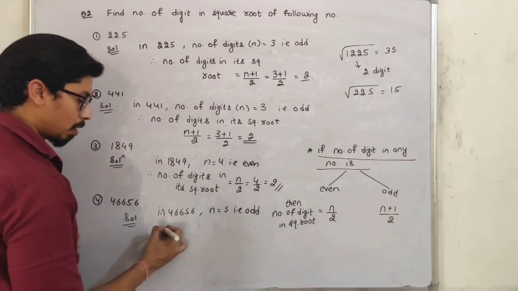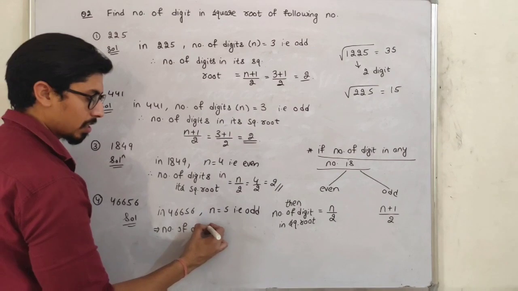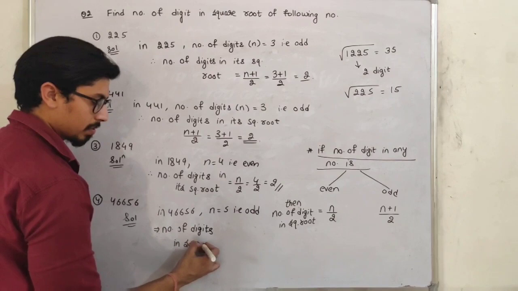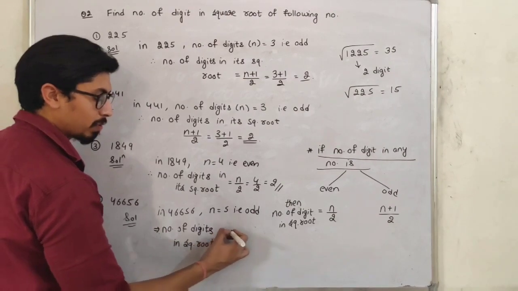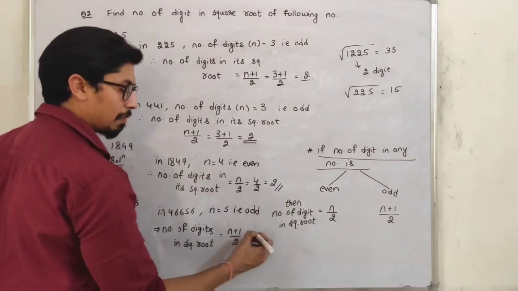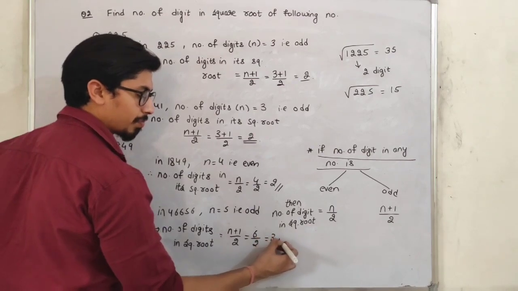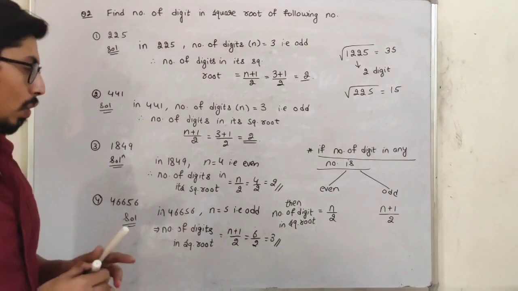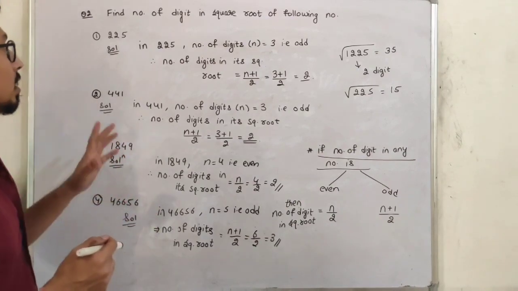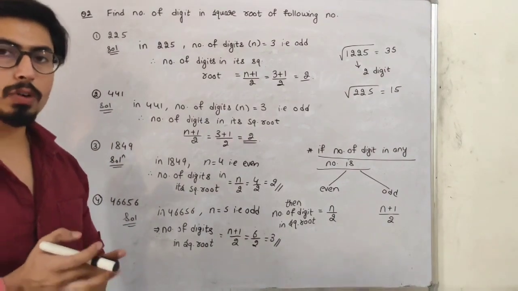So the number of digits in the square root is n plus 1 divided by 2, where the value of n is 5. So 5 plus 1 is 6, 6 by 2 is 3. Okay students, so I hope you understand this. I have discussed the 4 parts of question number 2.